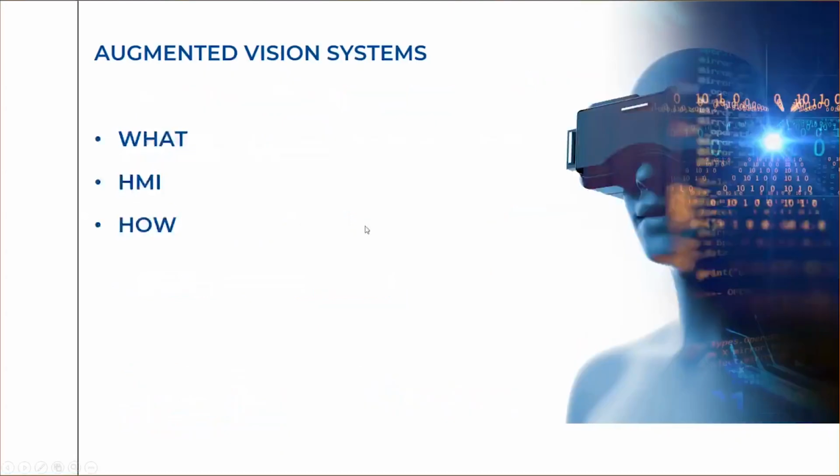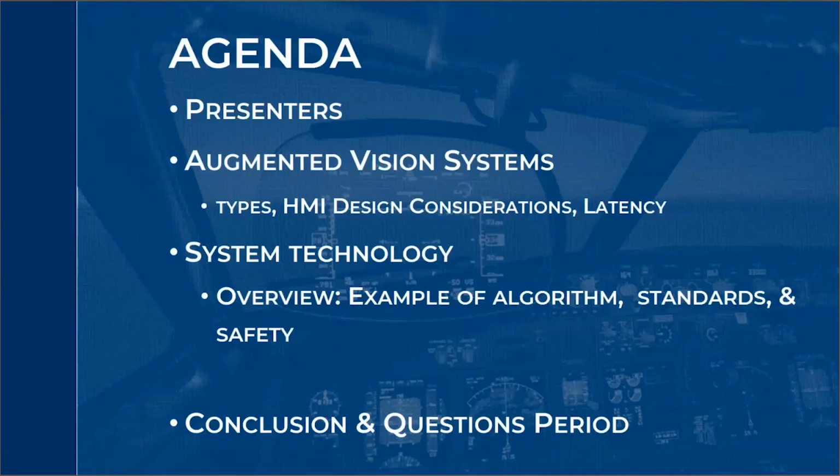So today, what we're going to do is very quickly look at augmented vision systems, the what, the HMI side, and the how of putting this together as well. So this is a very brief view of what it is. The true agenda is we're going to introduce who's talking to you, and then we're going to break it down into two parts.